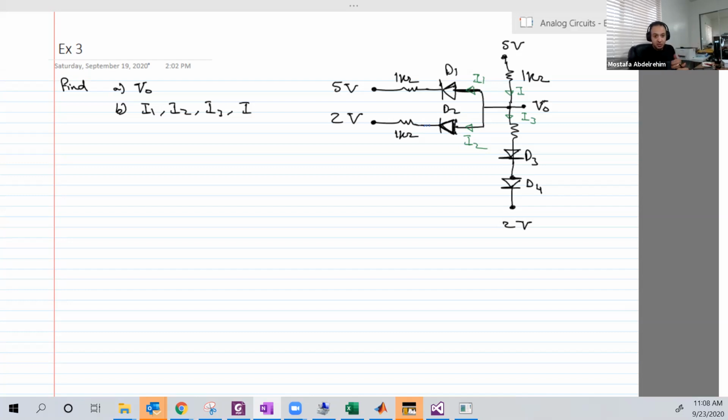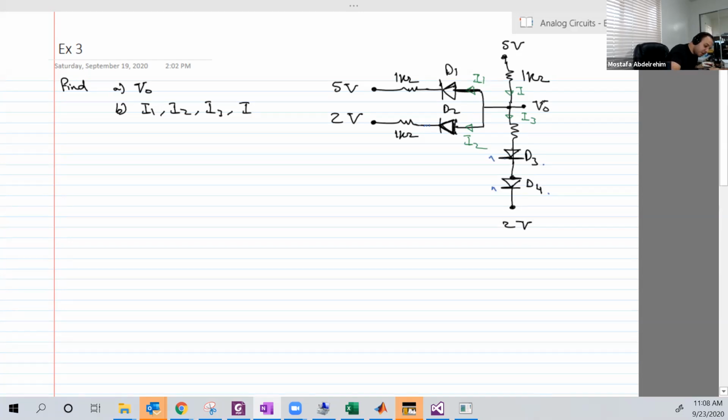So now let's look at them one by one and see. Okay, so those guys here, D3 and D4, their N sides are closer to 2. That's for sure.